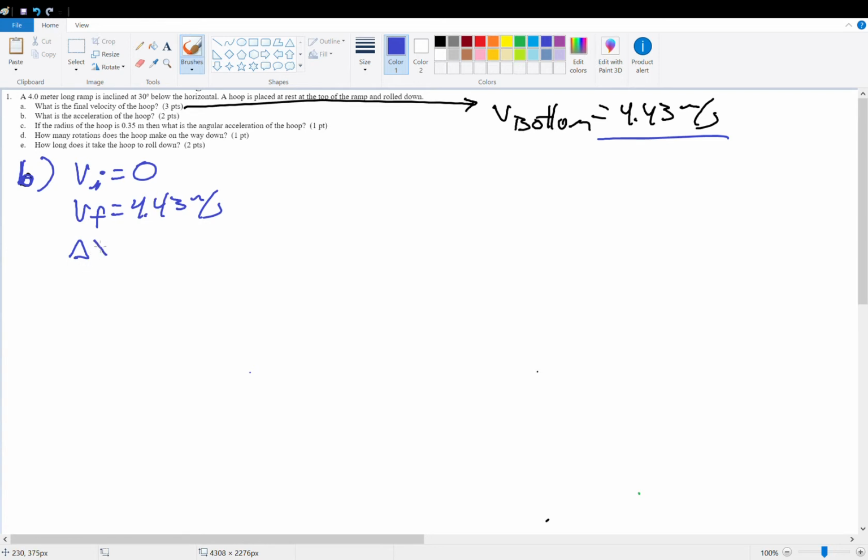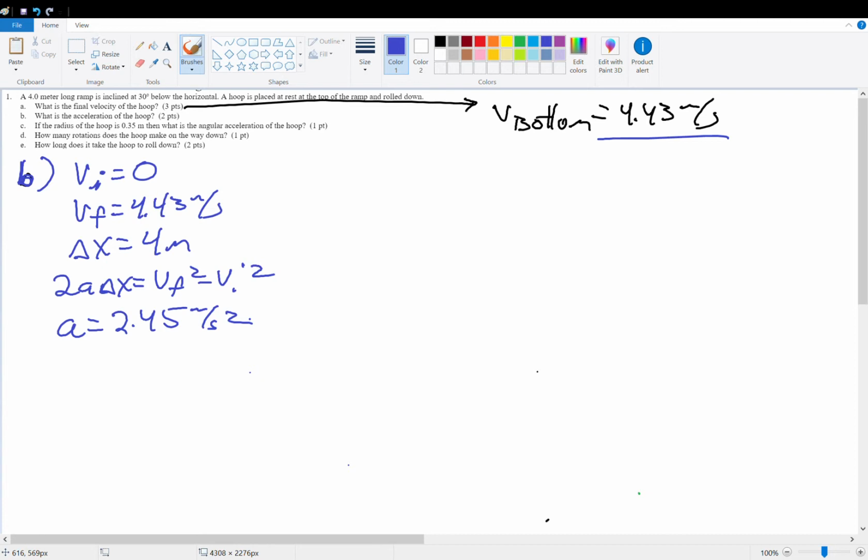We know that the hoop is going to roll through a displacement of 4 meters. So we can use this equation to find our acceleration. Plug in these numbers, do your algebra, and your acceleration turns out to be 2.45 meters per second squared.